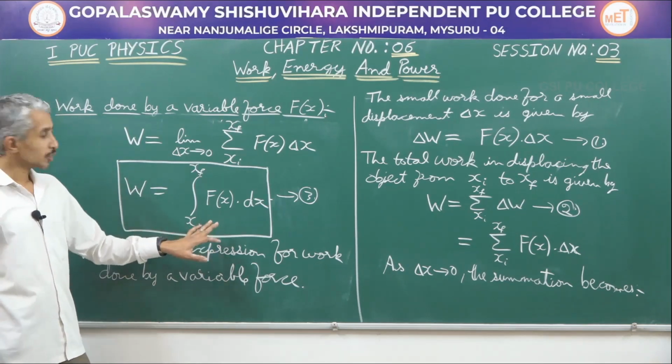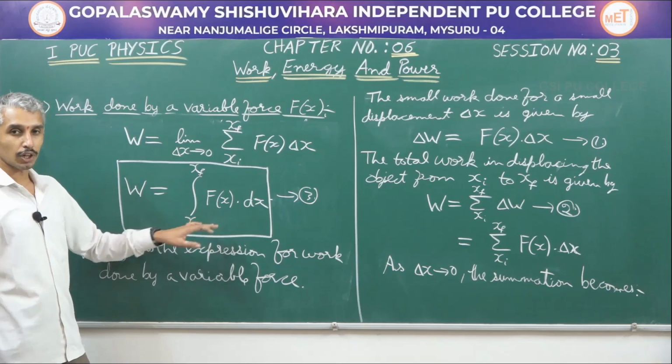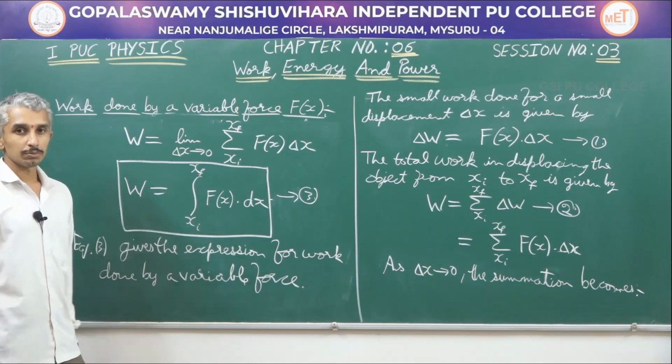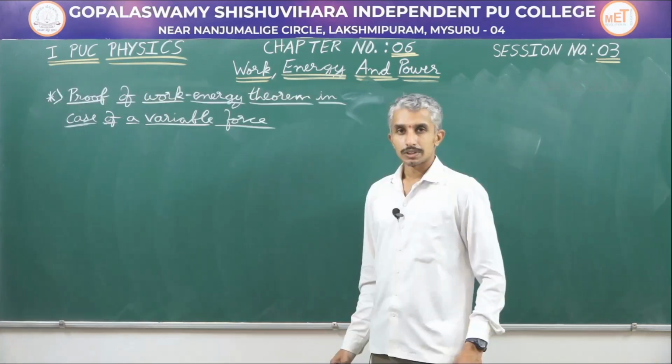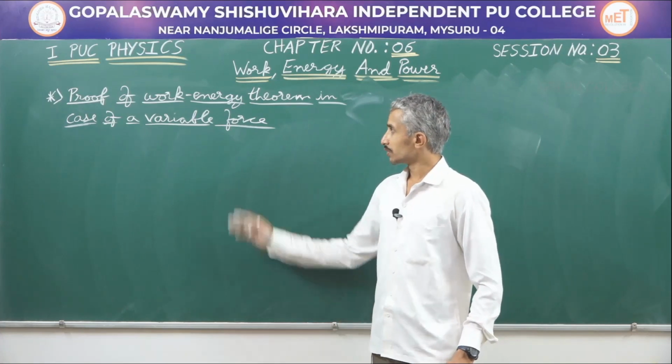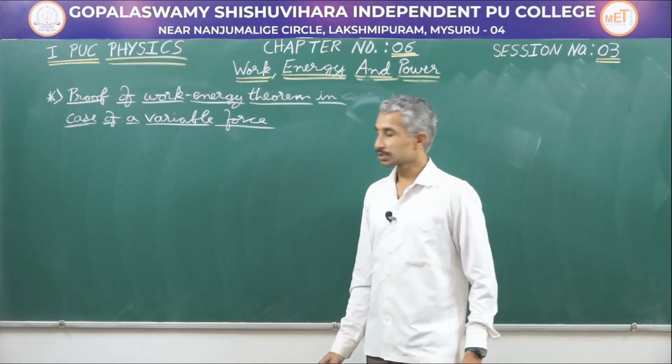Remember this formula, we will be in need of this formula to prove work energy theorem in case of a variable force. Let us now begin to prove the work energy theorem in case of a variable force.